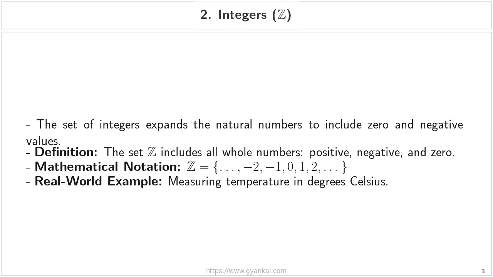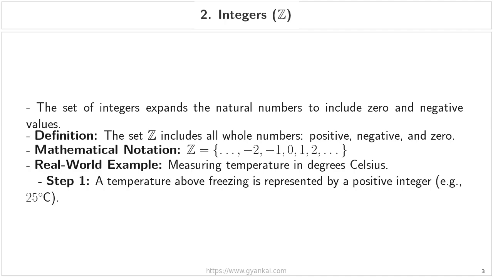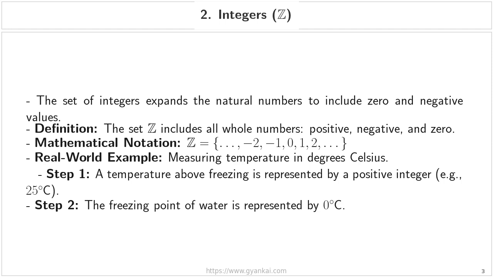To make this concept more concrete, let's look at a real-world example, measuring temperature in degrees Celsius. First, imagine a warm day where the temperature is above freezing. We can represent this with a positive integer, such as 25 degrees Celsius. Next, consider the freezing point of water, which is exactly 0 degrees Celsius.